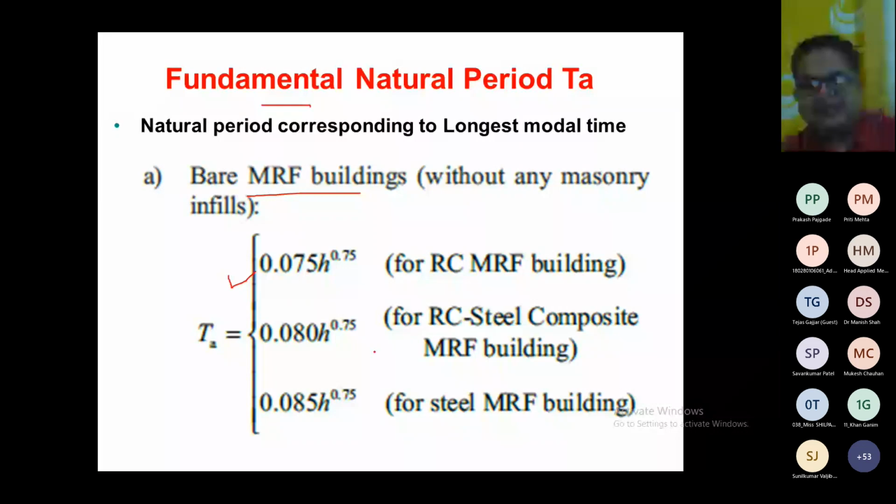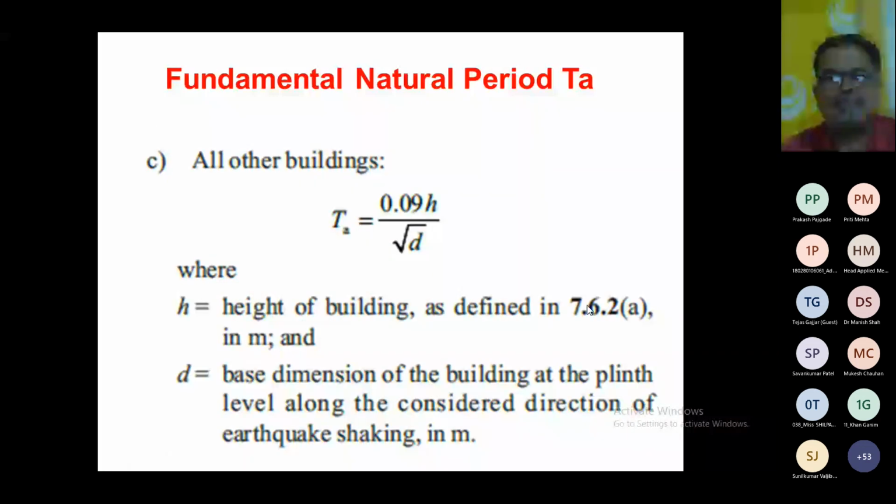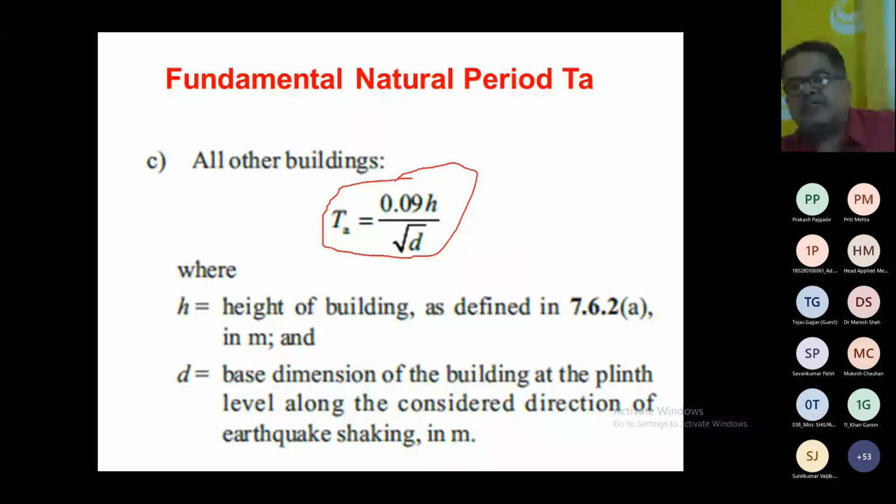Same way for RC steel composite or steel frame. This is for the building with the RC structural wall, and for all other buildings, meaning buildings with infill walls, you can consider T equal to 0.09 H by root D. H is the height and D is the base dimension in the direction of the earthquake, which is very important, right?